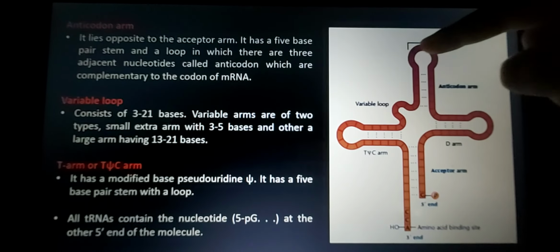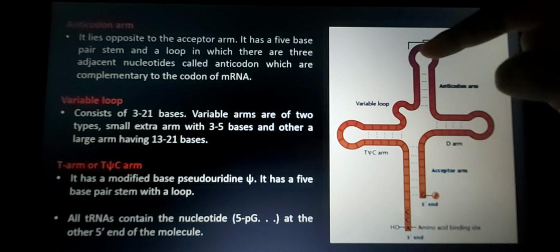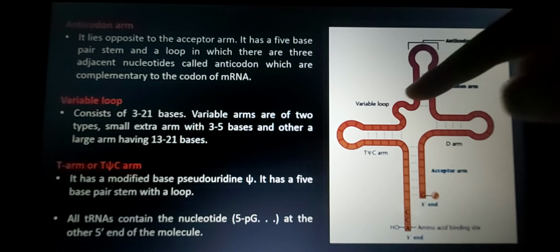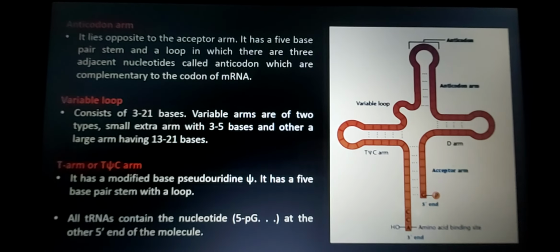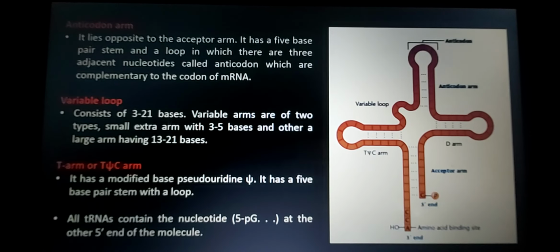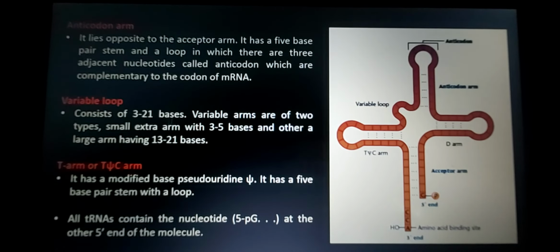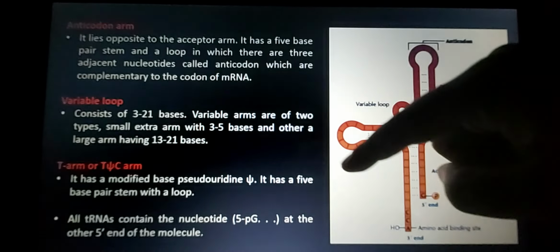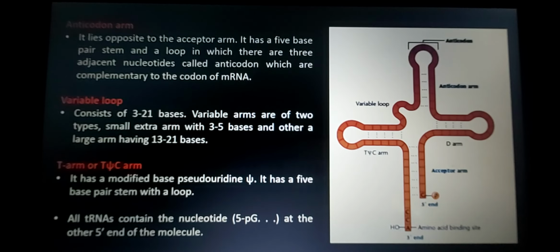So here is the anticodon, which is complementary to the sequence in the mRNA. Next is the small loop that we see here. This is also called the variable loop because it can have as few as 3 bases, but it can also have as many as 21 bases. There are two types of variable arms: a small extra arm with 3 to 5 bases, and sometimes a large arm having 13 to 21 bases. The next arm that we see is the T arm, or the TΨC arm.